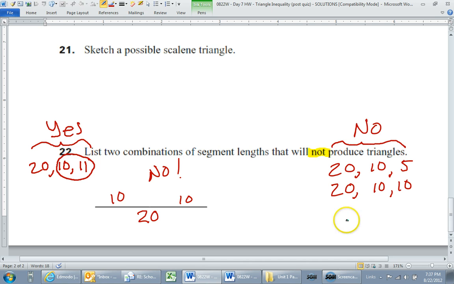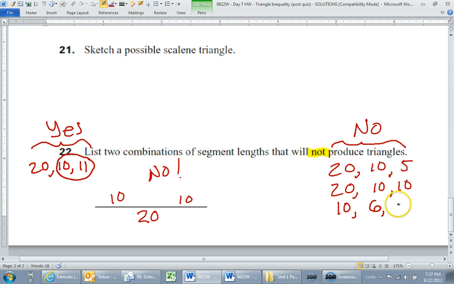So that would be a yes. Okay, here's another example of a no. I'm going to change the first number. Say the biggest number is 10. Think of some no's. Say the next number is 6. Okay, what would the third number have to be to not make a triangle?